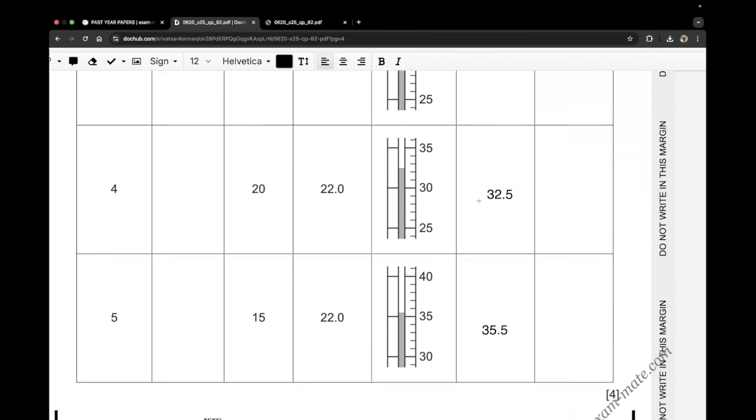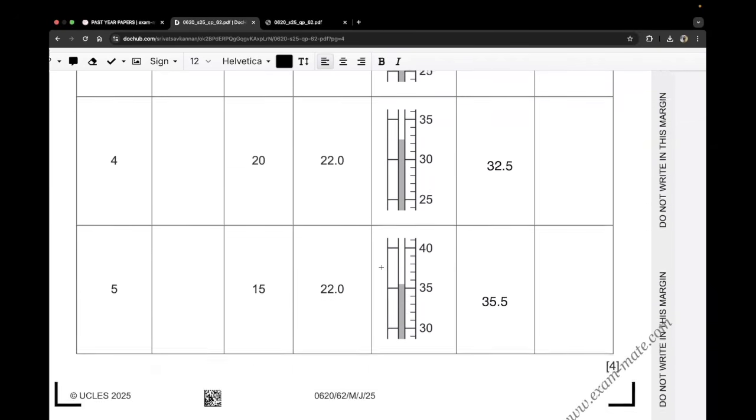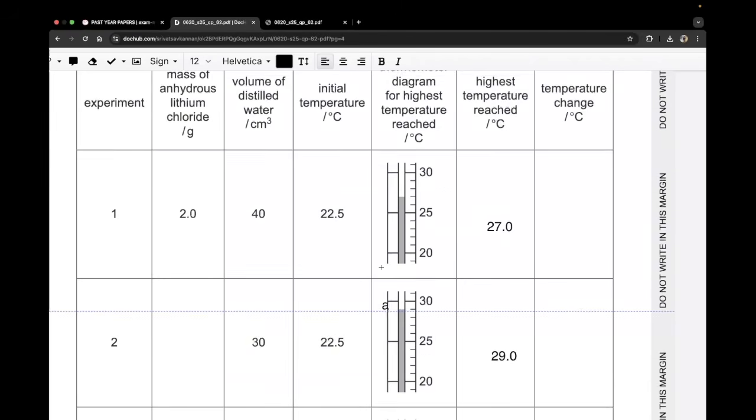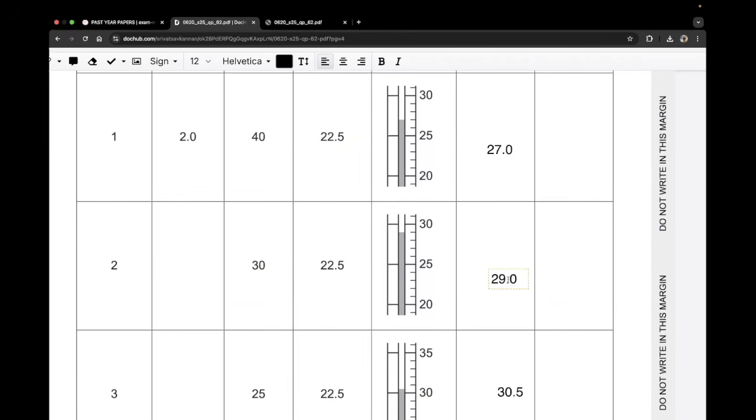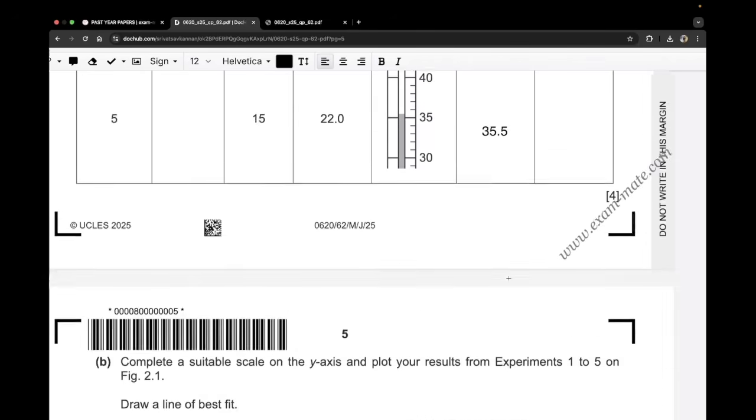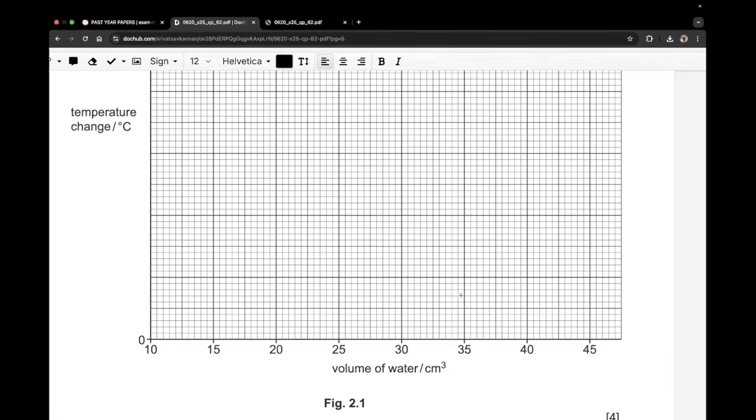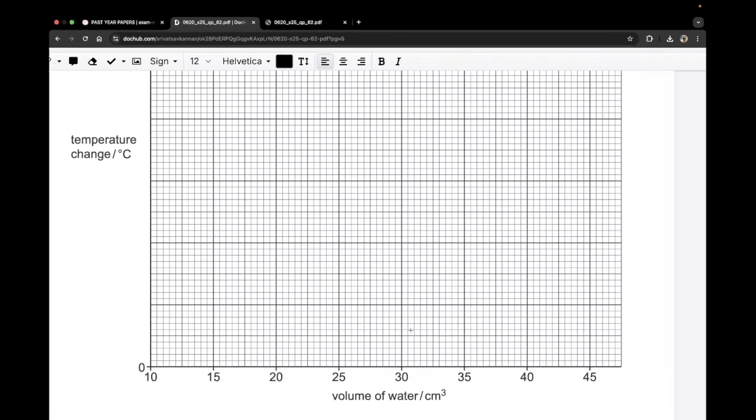For example, we got 30 degrees Celsius with the temperature change of 6.5, right? How do you do 6.5? With 6.5, it's 2, 4, 6. 6.2, 6.4, and 6.5 again right here in between these two.